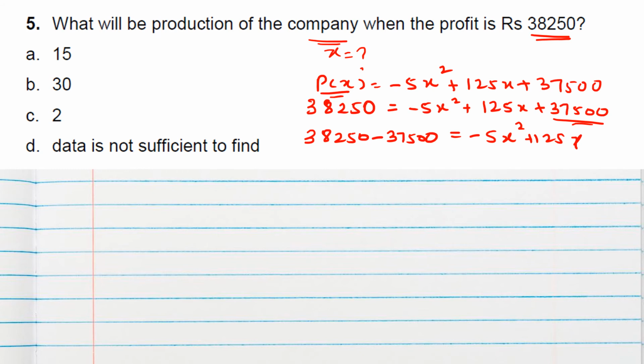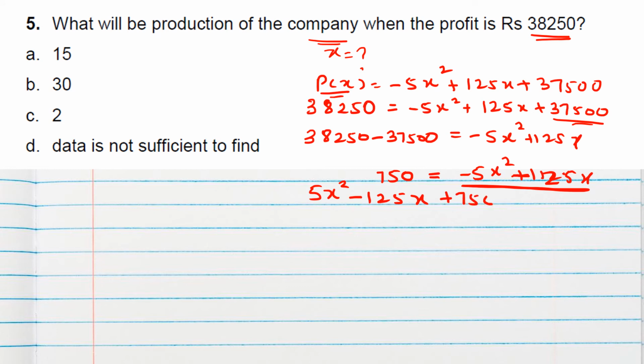So after subtraction, we will get 500 will remain, and 750 we will get. And if we see, all the coefficients are multiples of 5. So we can divide by 5 also, and we can rearrange the terms.